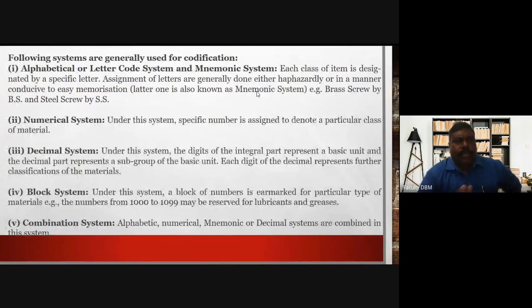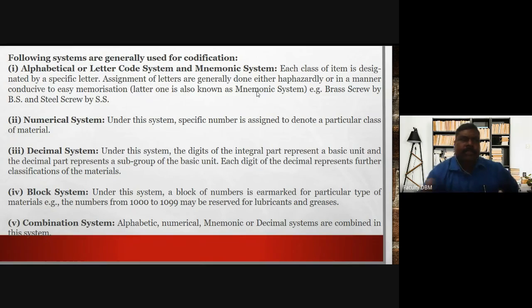So the following systems are generally used for codification: the alphabetical or letter code system, or mnemonic system. Mnemonic means what you call for memorizing things. We are going to keep some letters or letter codes so that we can easily remember them.